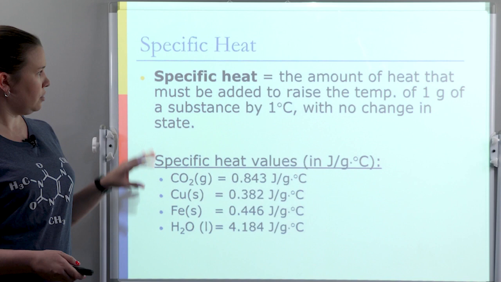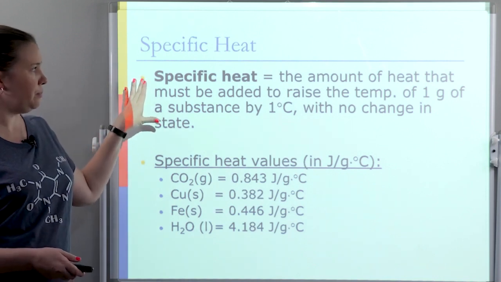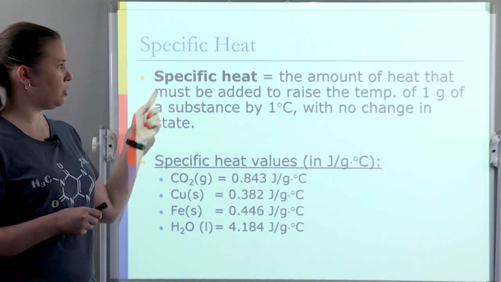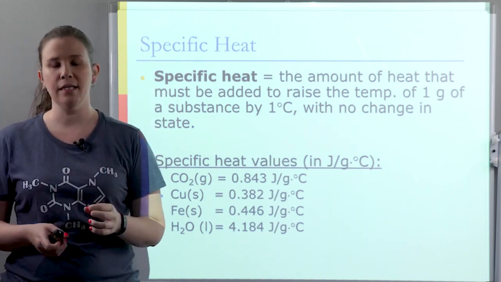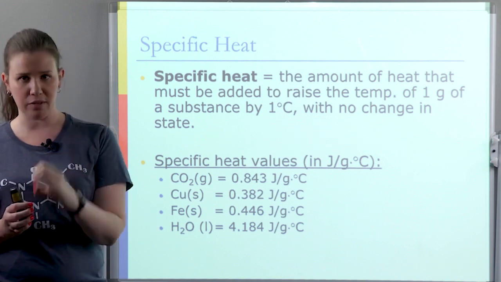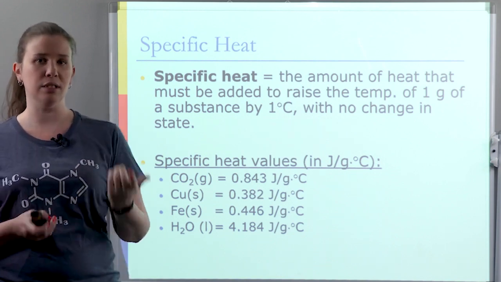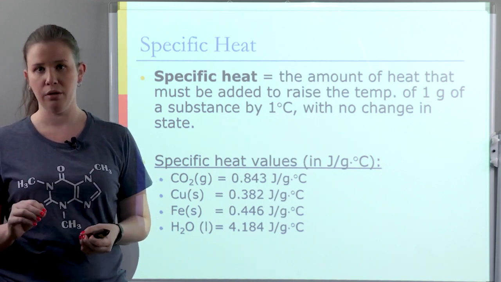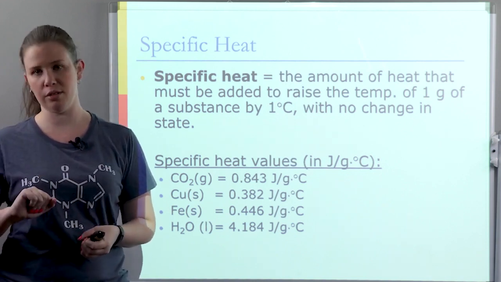All right, so let's look at specific heat, this value of C. The variable C that was just in the last formula stands for specific heat. So specific heat is the amount of energy it takes to raise 1 gram of a substance by 1 degree Celsius. So say you have a gram of water and it's currently at 32 degrees Celsius.